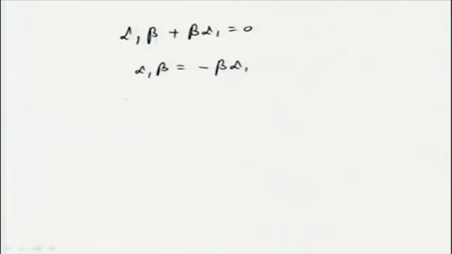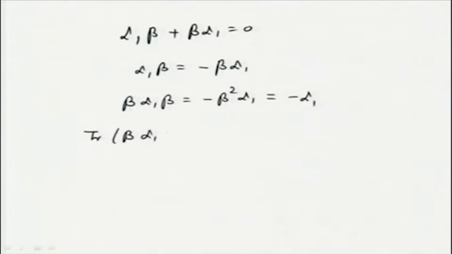Now, let me multiply this by beta from the left side. So, that will give you beta square alpha 1, but beta square is equal to 1, therefore, it is equal to alpha 1. Let me now take the trace of this: the trace of beta alpha 1 beta, or minus the trace of alpha 1.